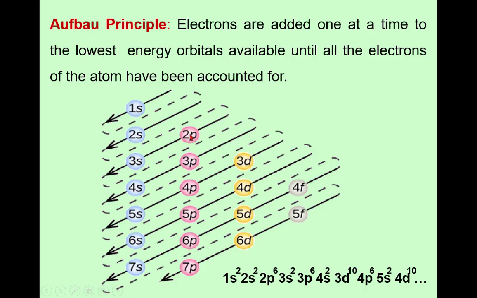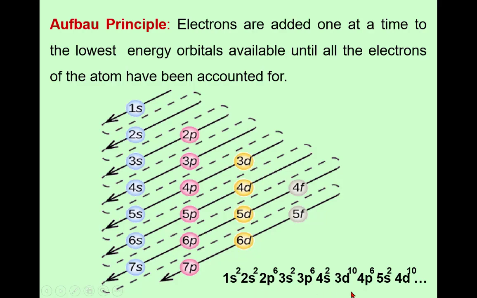The p orbital has three orientations: px, py, pz. The d orbital has up to 5 orientations. The f orbital has 7 orientations accordingly, and their shapes are complicated too.